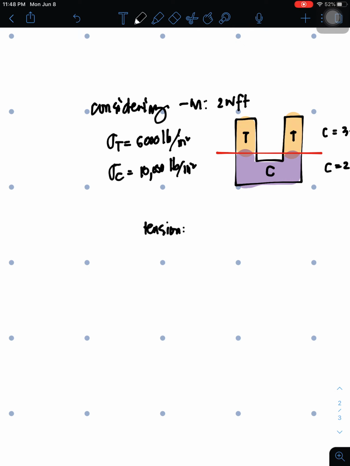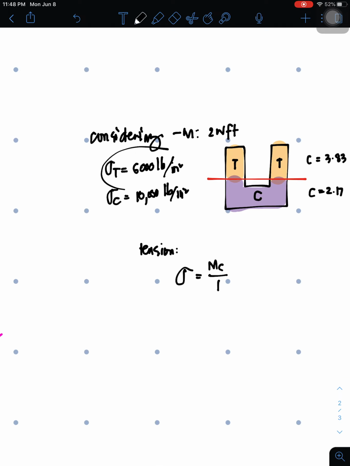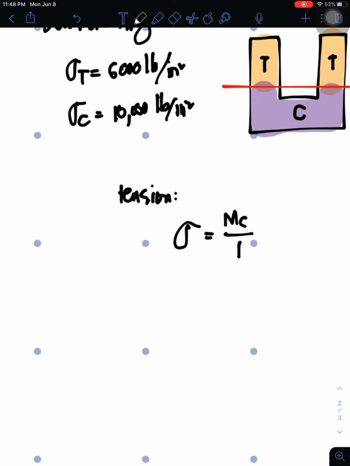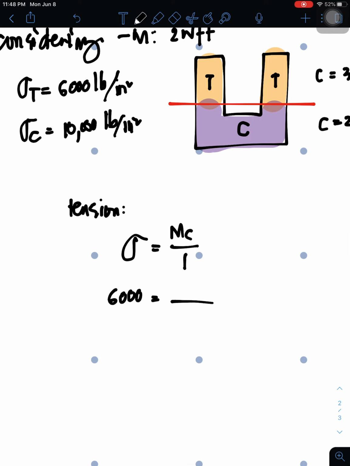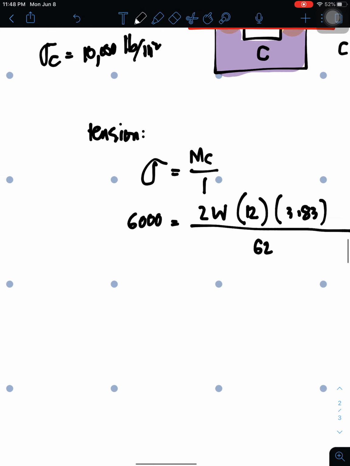So let's consider first tension. Flexure is MC over I, and since we are talking about tension, we will be using this and this one. So it's 6,000 equal to our moment, 2W, multiplied with 12 for the conversion, times the 3.83 divided by 62.